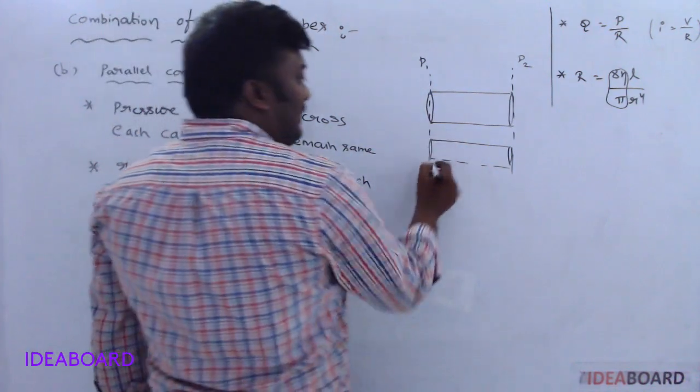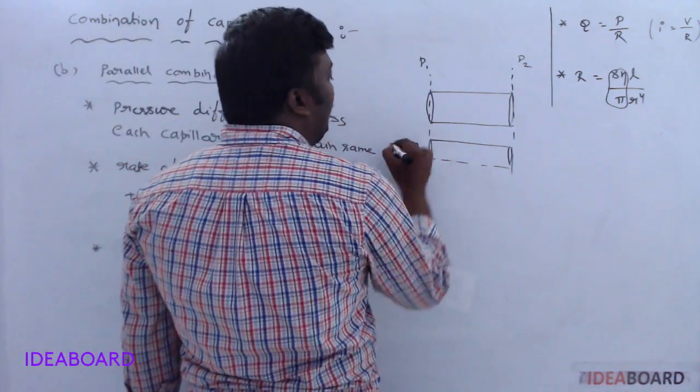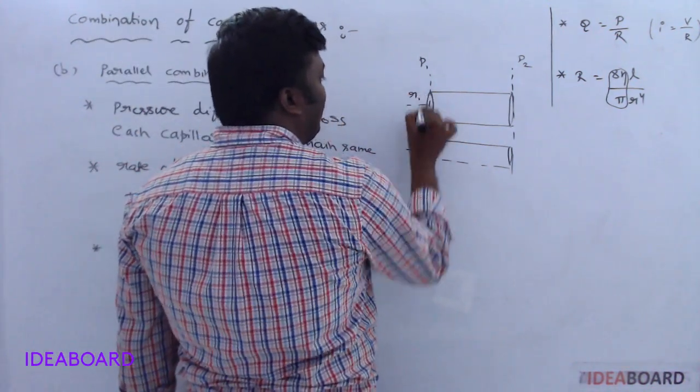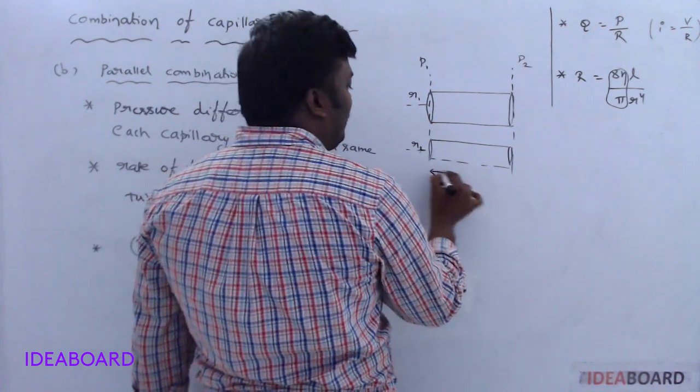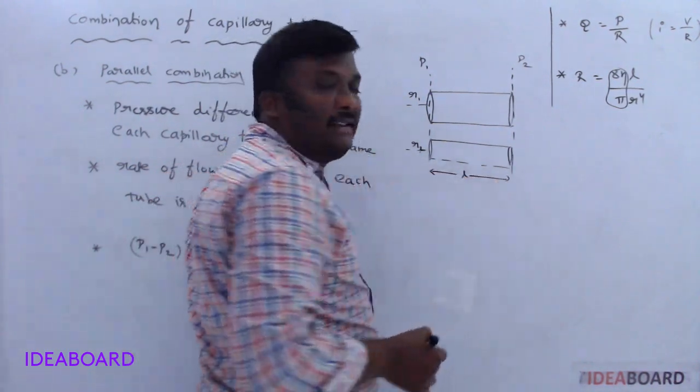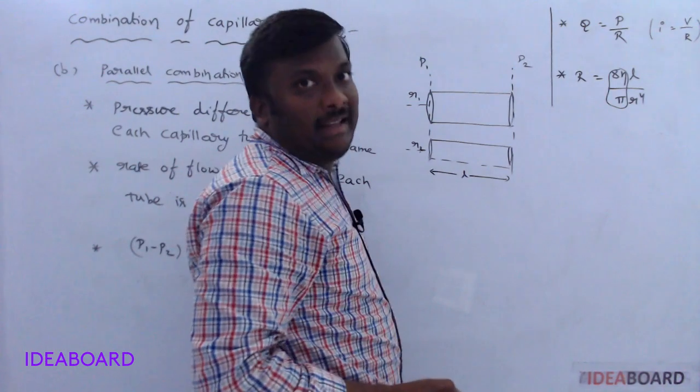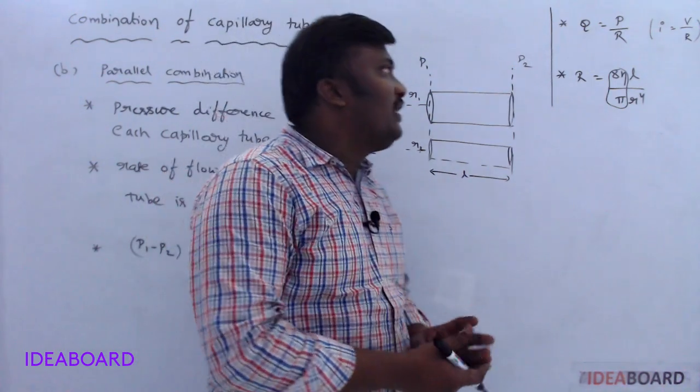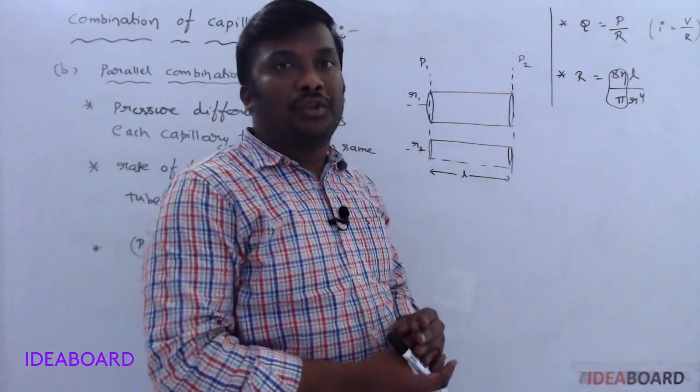Next, here see, this is the radius R1 and this is the radius R2. The radius changes and I consider the lengths of both capillary tubes remain the same. If the lengths are different, you may take L1 and L2, no issue.